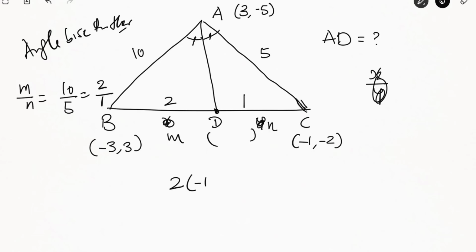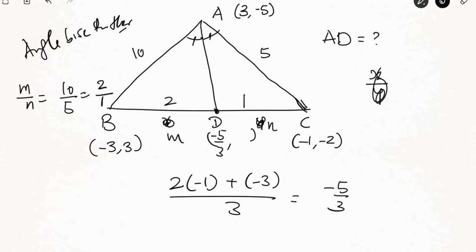So 2 into -1 plus 1 into -3 over 3. So -2, -3, -5 over 3. That's the X coordinate, and Y coordinate will be 2 into -2, so -4, and 3 over 3, that's -1 over 3.